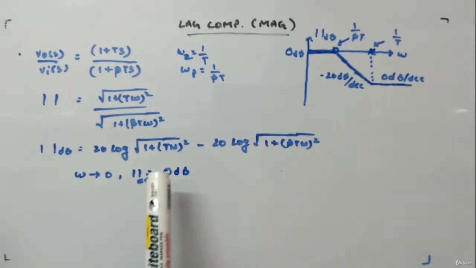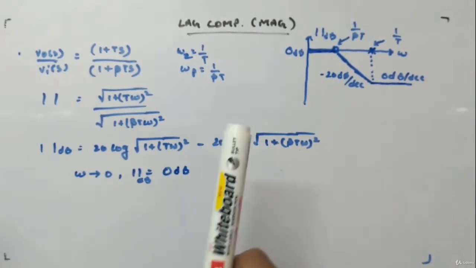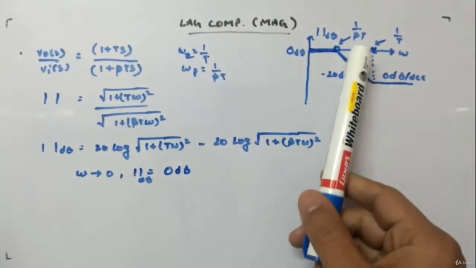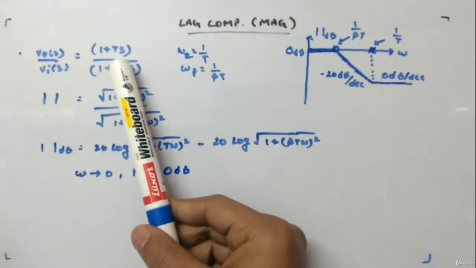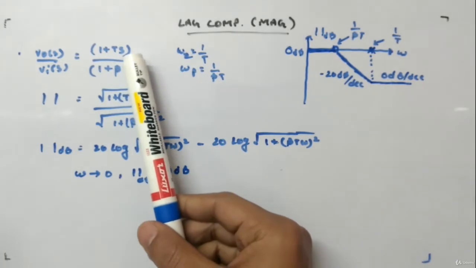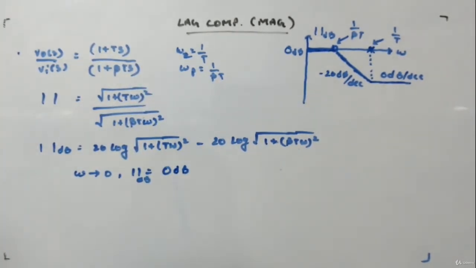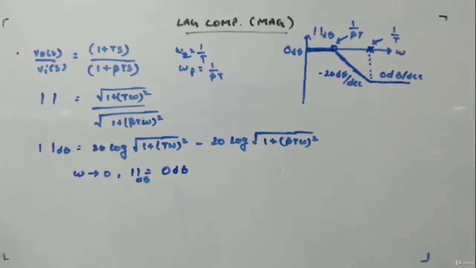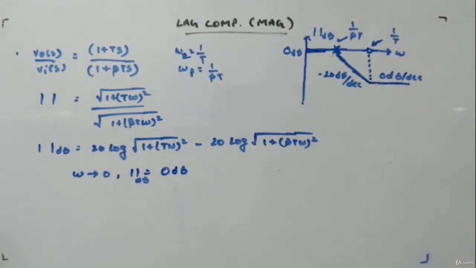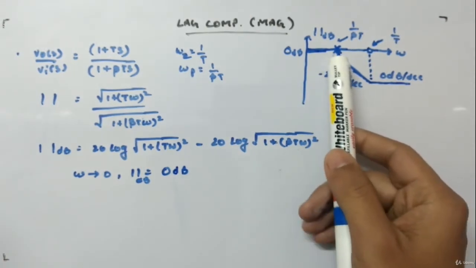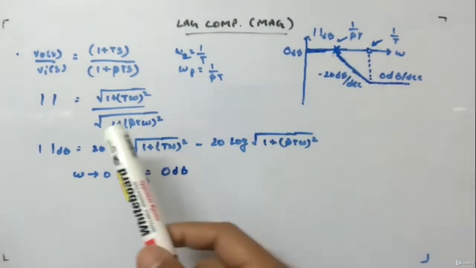Okay, so just one important point. Now you can see we had two corner frequencies. Sorry, I made a mistake here. I drew it as a 0. It is a pole, by the way.